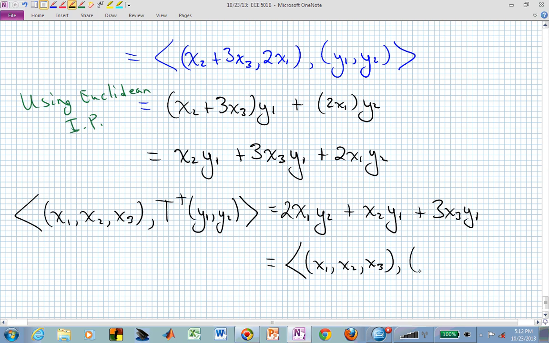What do I have to put in the first coordinate of t dagger of y1, y2 such that when I multiply it by x1, I end up with the necessary terms up above?